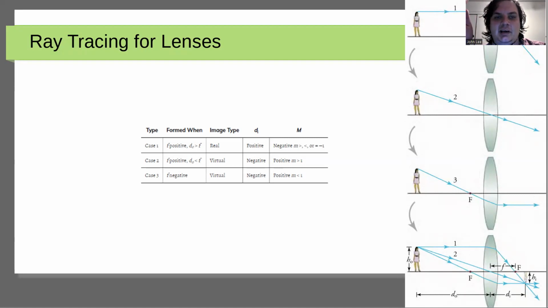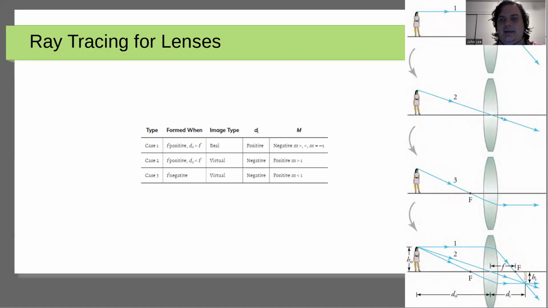Right now we're only talking about convex lenses. So you know this first case, any light that comes out of your image that's parallel to the central axis is going to bend towards the focus.